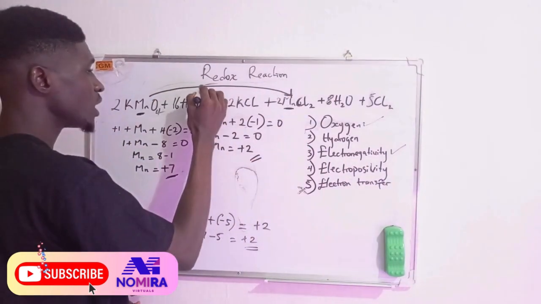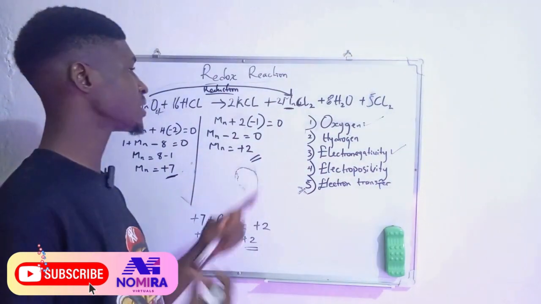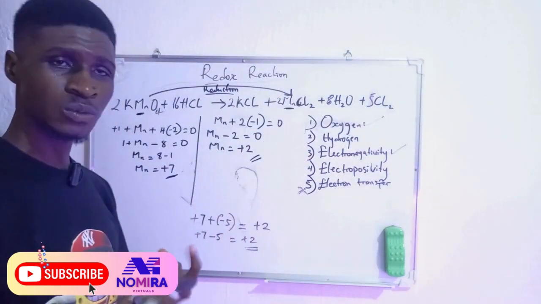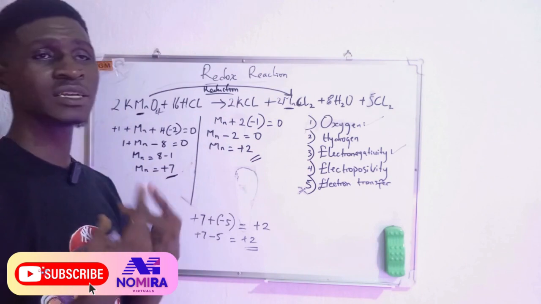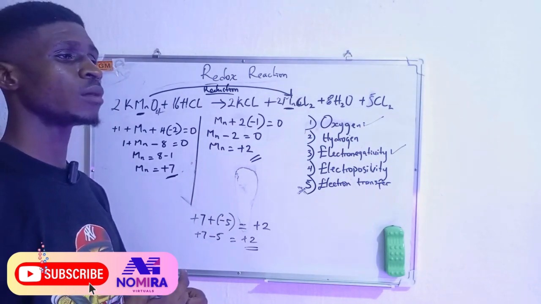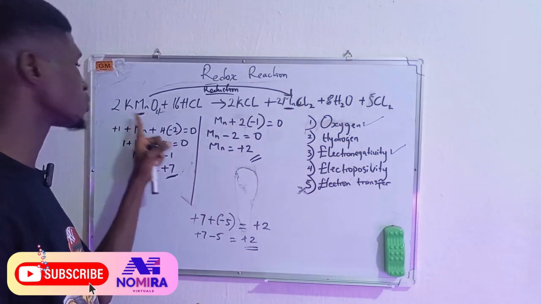So here is where the reduction actually happened. I need you guys to understand what happened here. Because if you have only one single metal reacting with other non-metals, you might likely guess where the reduction happened. But here we have 2 metals, potassium and manganese.